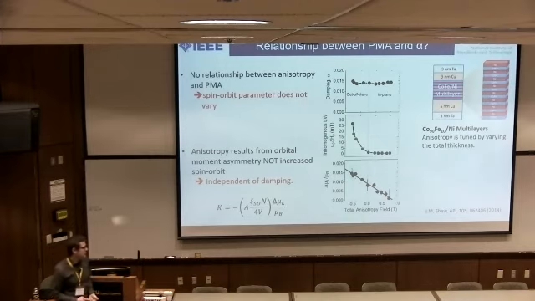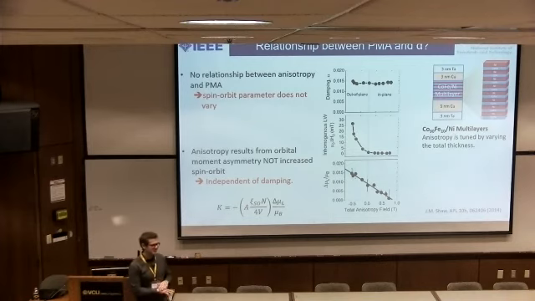So in that particular case, you can get rid of the proximity effects by just putting a very thin layer of copper, right? We don't see a huge difference in that case, because usually your damping is dominated by spin pumping.